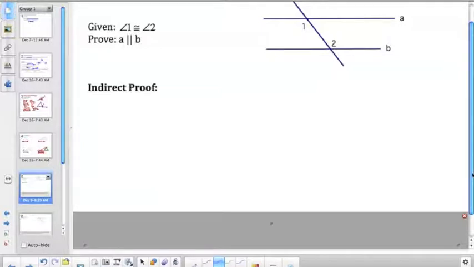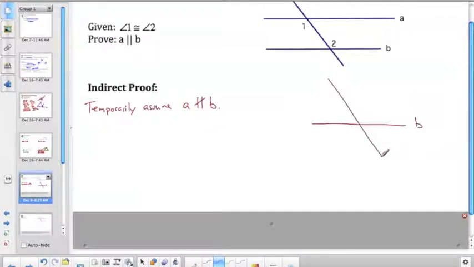So we're going to temporarily assume the opposite of what we're trying to prove. So we're going to temporarily assume that A is not parallel to B. So I'm going to adjust my picture so that A and B are not parallel. So I'm going to change my diagram. I'm going to draw B. Okay, I'm going to draw this transversal here.